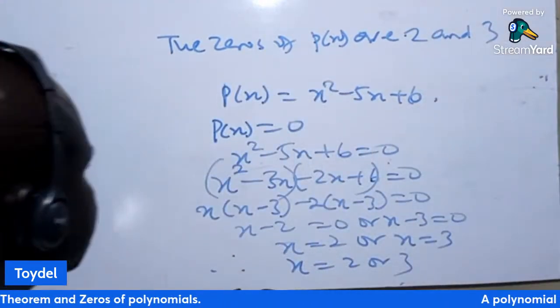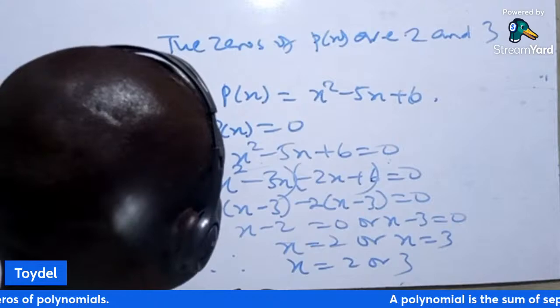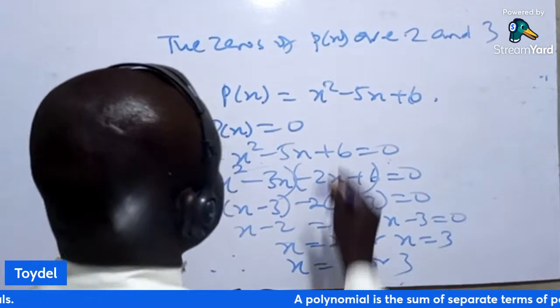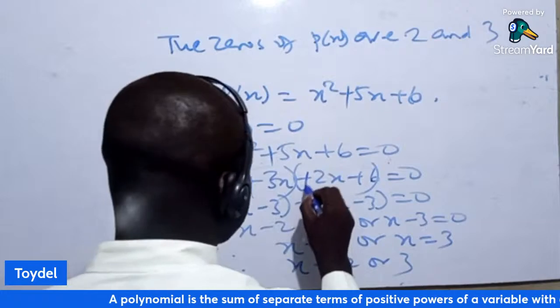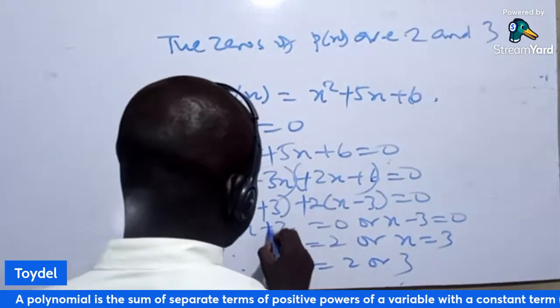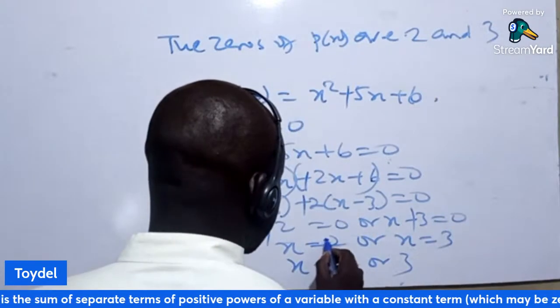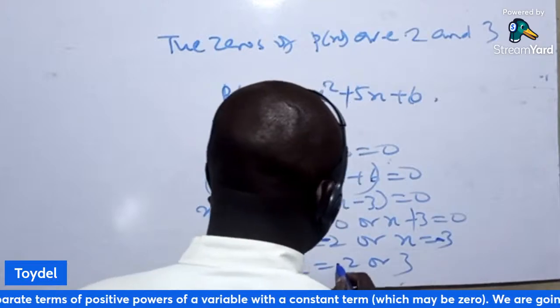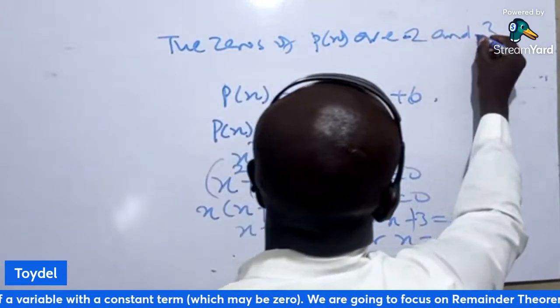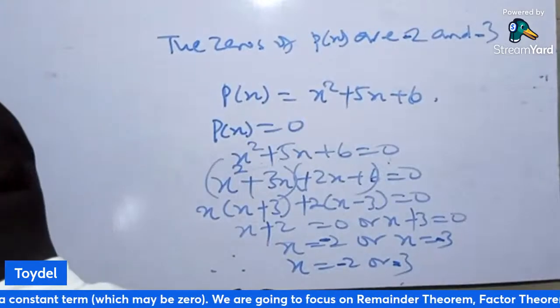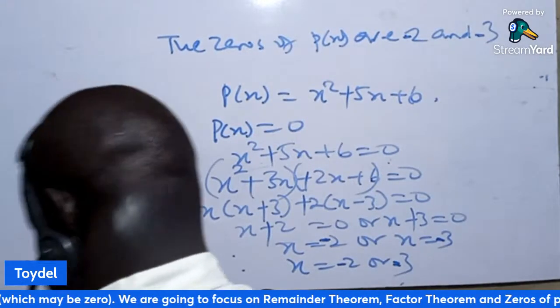That's what we get. The zeros of p of x, no, here is plus, this is plus, this is plus. So here I'm going to have minus, it will be minus 2 or minus 3. So the zeros of p of x are minus 2 and minus 3. That is what we are expected to get.